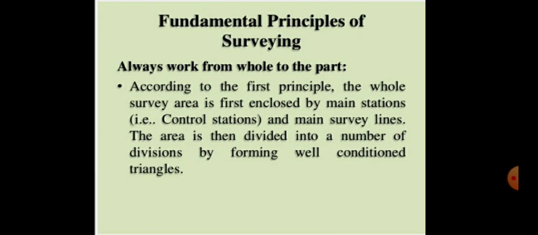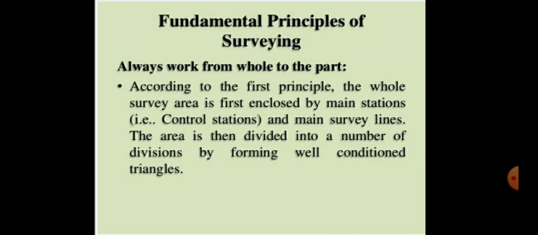Now coming to the first principle, work from whole to part. According to this principle, the whole survey area is first enclosed by main stations, that is control stations, and the main survey lines, and the survey area is divided into a number of divisions by forming well conditioned triangles. So in this methodology, we first consider the whole area.